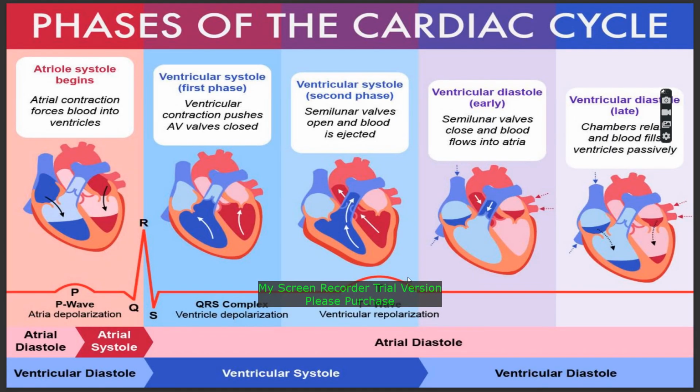So these are the phases of the cardiac cycle. First one is atrial systole begins.